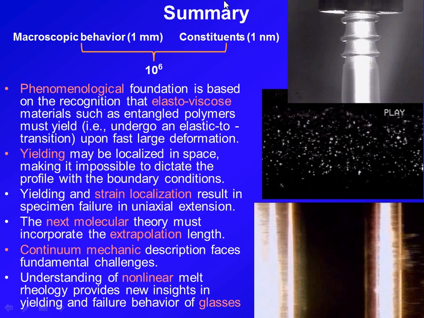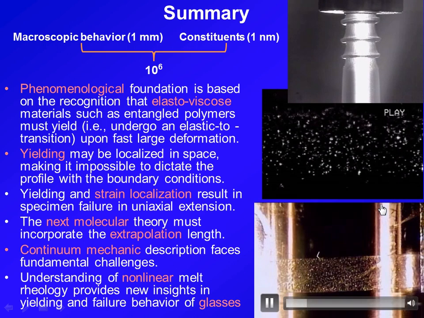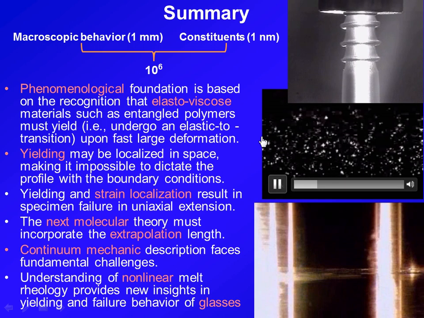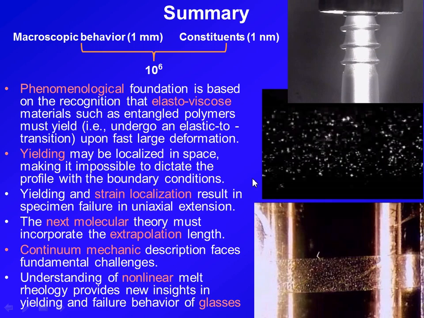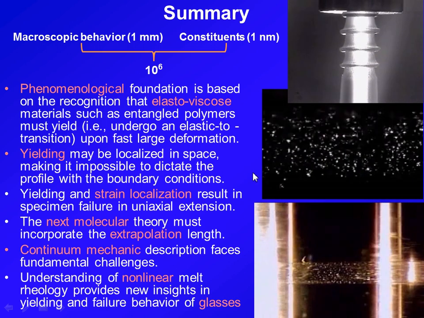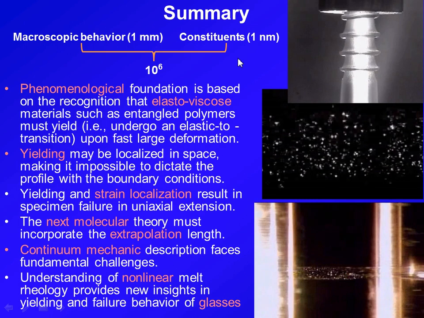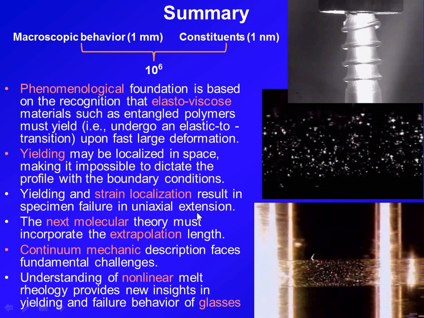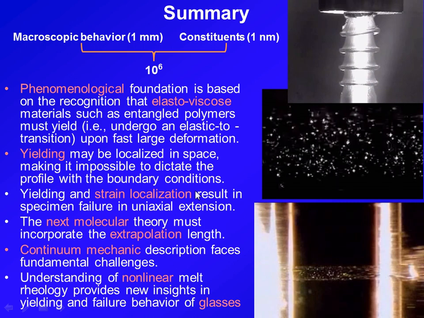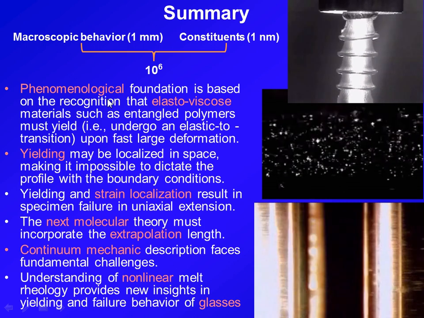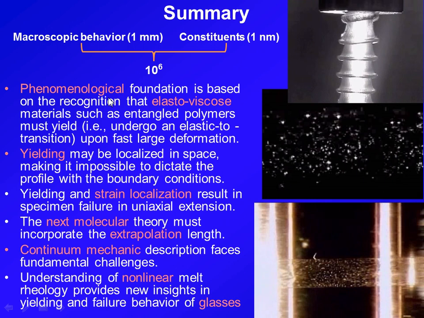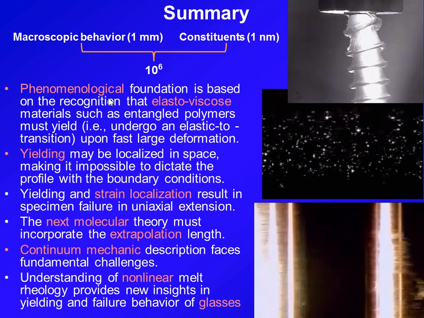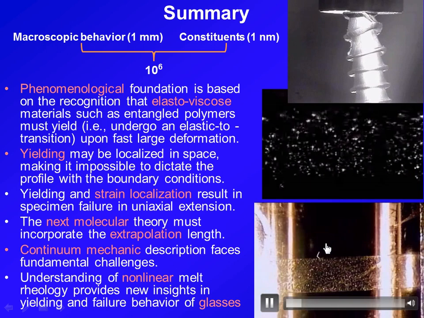None of these techniques tell you anything about molecular scale problems. So the guessing game is very hard, trying to figure out the 6-order of magnitude gap in the length scale. So in any event, I think we are looking at a phenomenological foundation that is based on these observations.